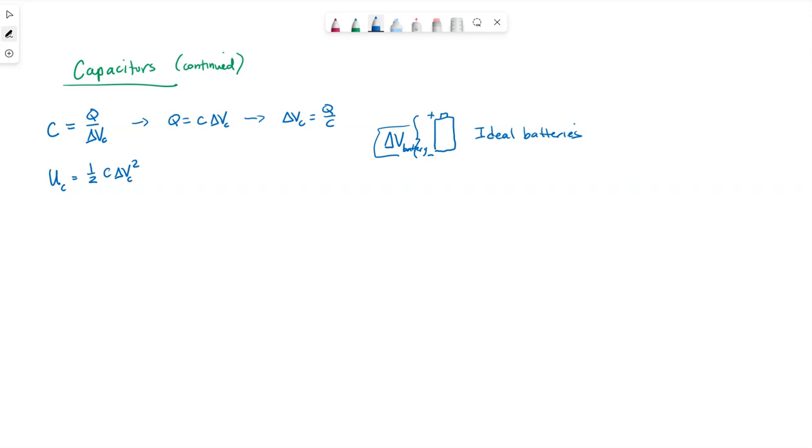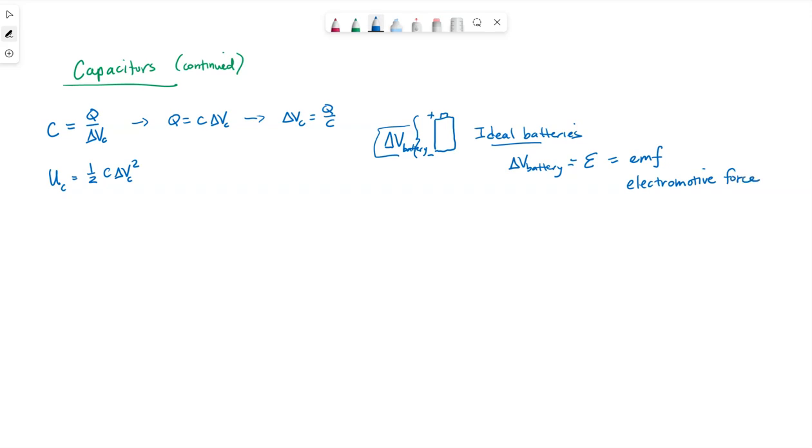But we also end up seeing, for ideal batteries specifically, delta V of a battery, we also will see this as what looks like an epsilon. That's not the constant, epsilon naught. This is called, in abbreviated form, EMF. What that stands for is electromotive force.